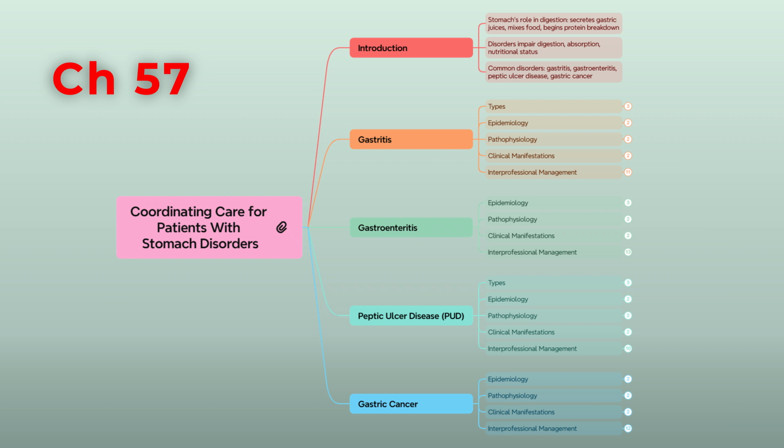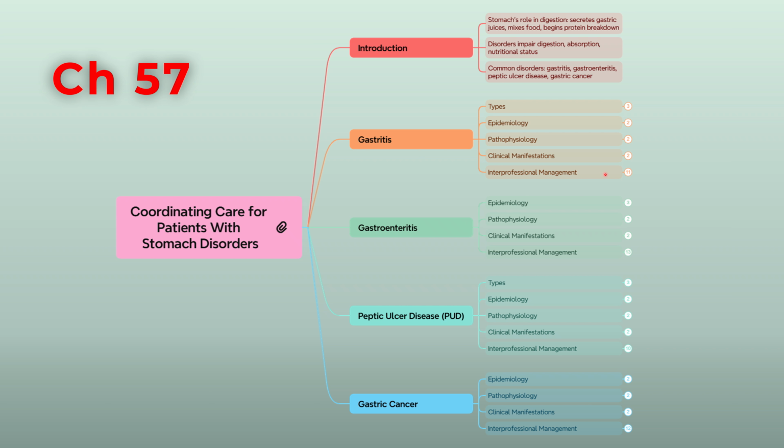In this video, we are going to define those diseases: gastritis, gastroenteritis, peptic ulcer disease, and gastric cancer. For each of them, we'll cover types, epidemiology, pathophysiology, clinical manifestations, and interprofessional management.